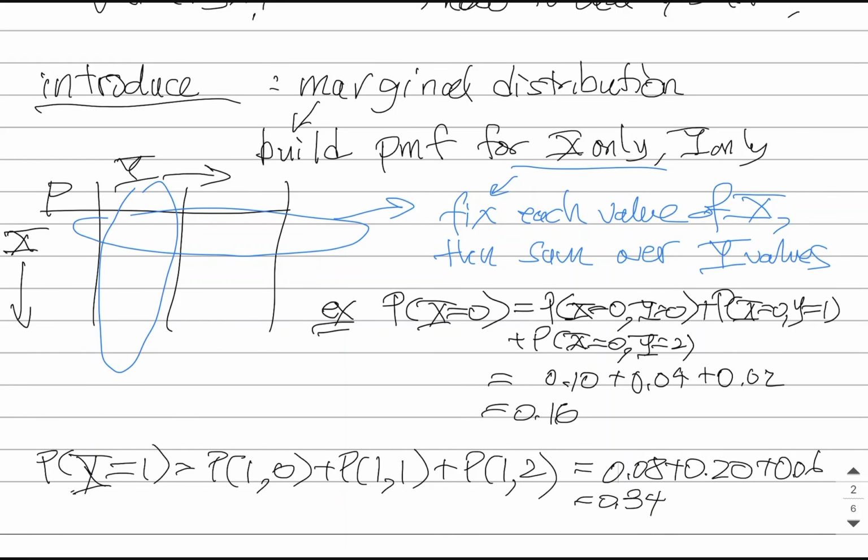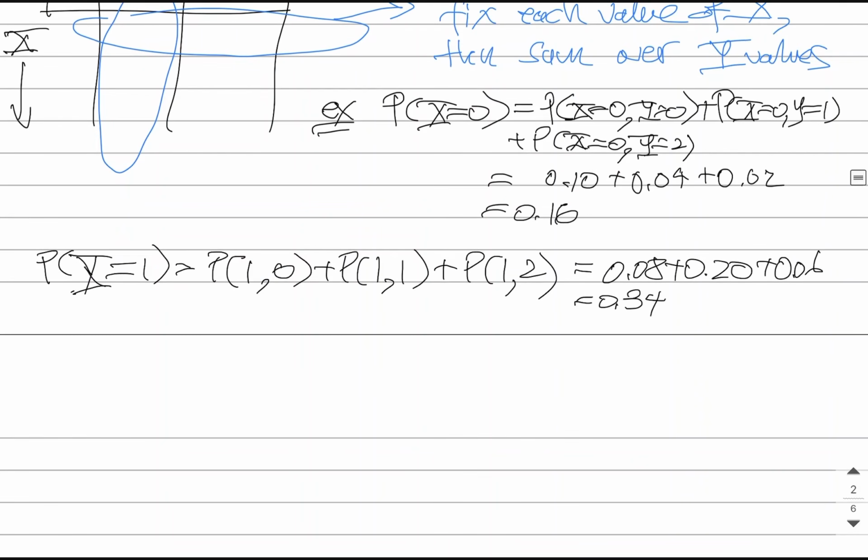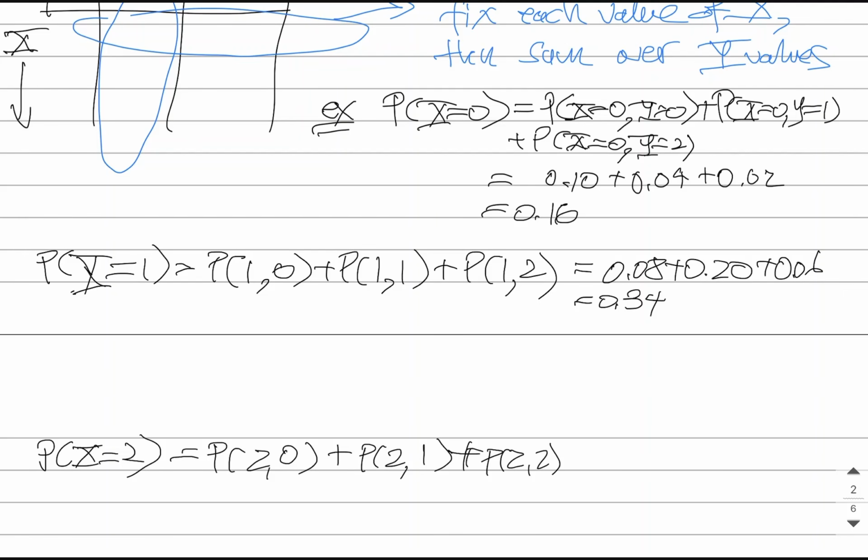And we'll get 0.34. And finally, if we were to take that same gas station example and sum over all the entries that have x is 2 and let the y values vary, we would get the following result.